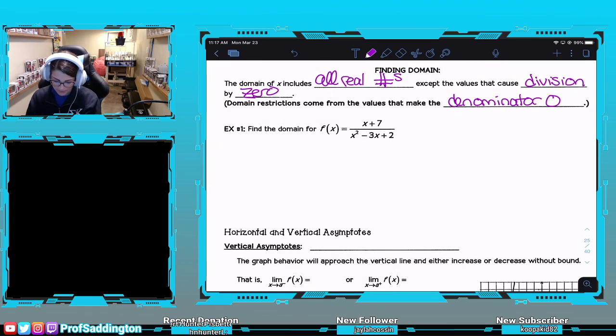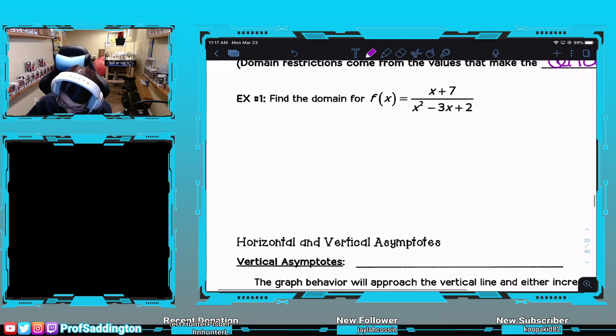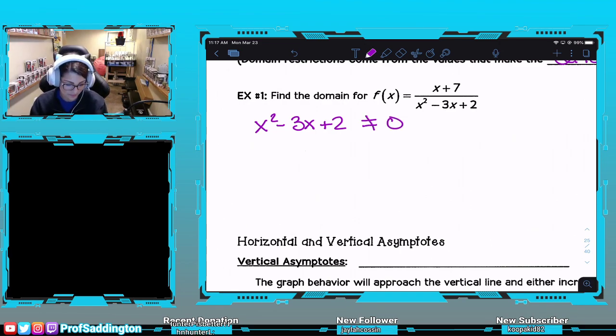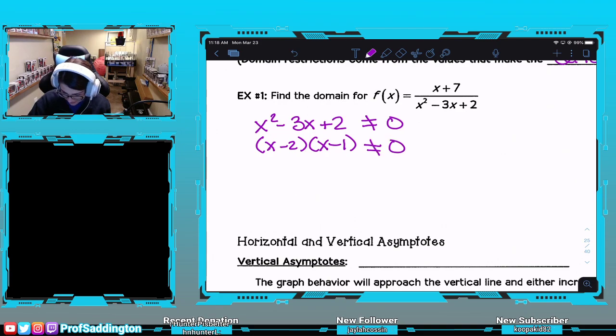Example 1 says find the domain for the following function. What we're going to do is take our denominator, and we know that it's not allowed to be 0. So we're going to find exactly what x values that happens at. We're going to factor this polynomial. So we get x minus 2 and x minus 1 not allowed to be equal to 0.